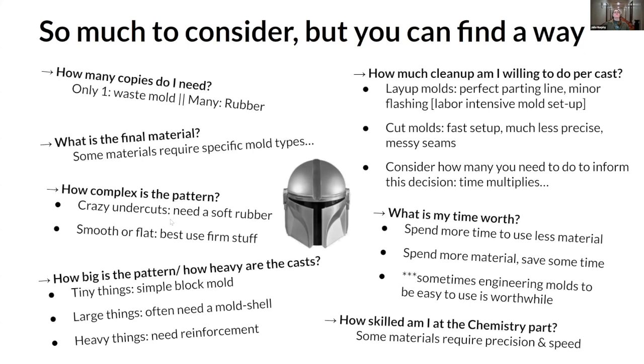If it's really crazy topology, you're going to need a softer rubber to be able to let go of that. If it is smooth and flat, you want something pretty firm so that it holds its shape. And then how big is it? If you're trying to cast concrete, you need a mold that can hold up to that weight once it's full, because if you make a mold shell out of paper mache and fill it with concrete, imagine what would happen.